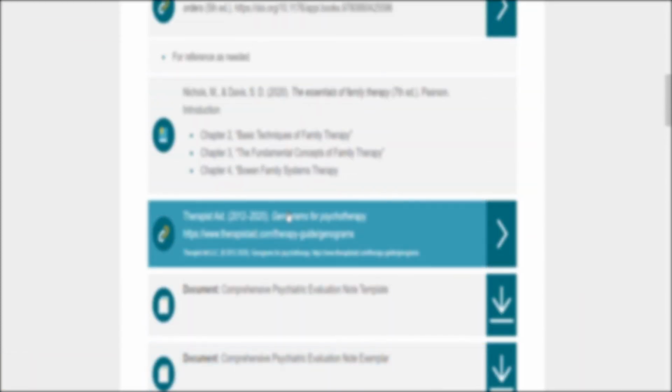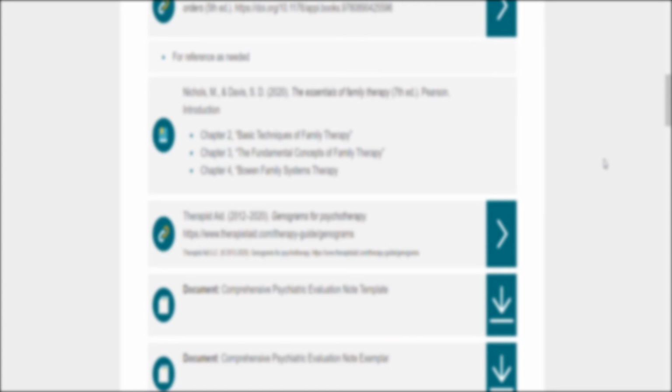There are not a lot of required readings here. The evaluation template and the evaluation note exemplar, I could see myself applying to real world practice. So it is definitely helpful, but again, it's very time consuming.